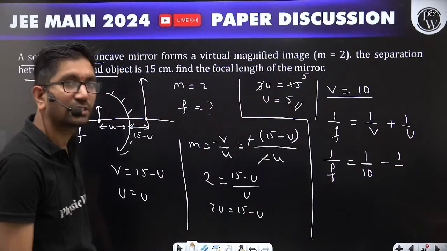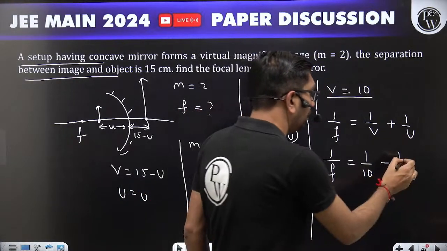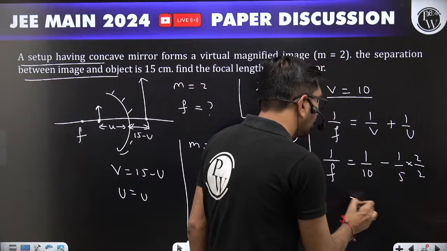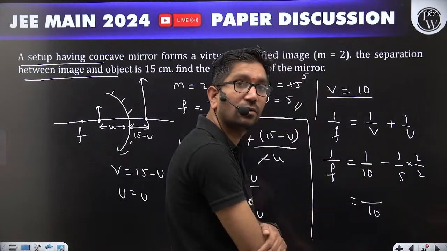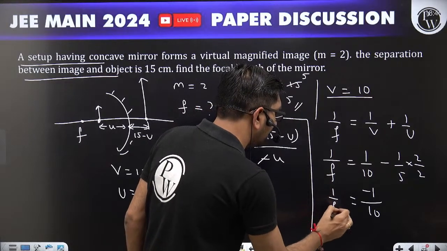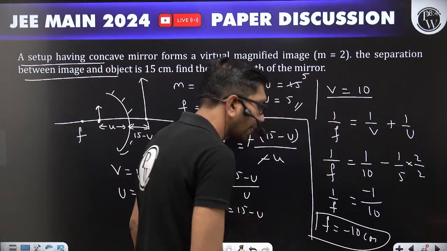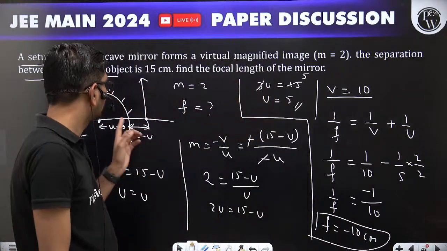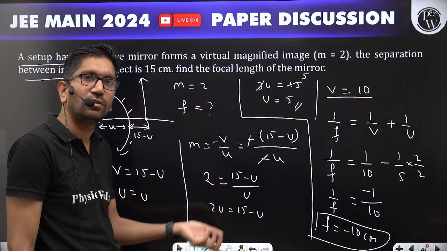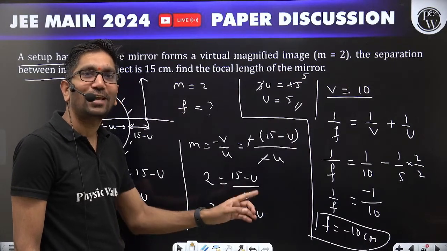So what do you get? Minus 5. Multiplying by 2 by 2, LCM is 10. On the top you get minus 1. So 1 by f, f equals minus 10 centimeters. For the concave mirror, focal length you get negative only, right? So we got the answer. We got the focal length.